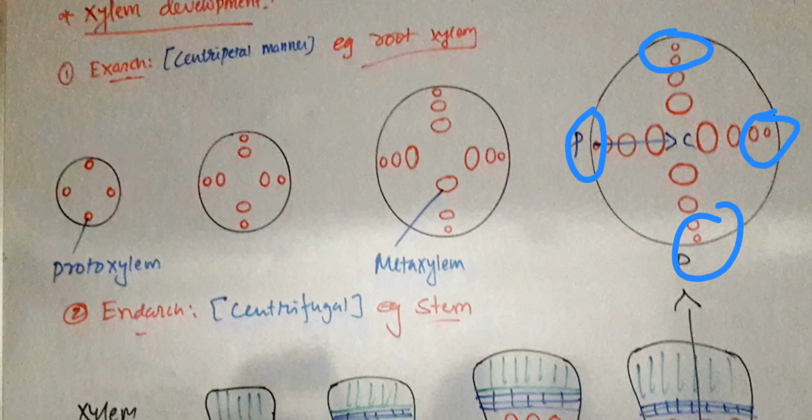So basically the earlier added xylem vessels are narrow. They are called protoxylem vessels, those which are encircled in blue. And later added xylem vessels are broader. They are later and broader. इतना याद रखने का. They are called metaxylem. They are known as what?